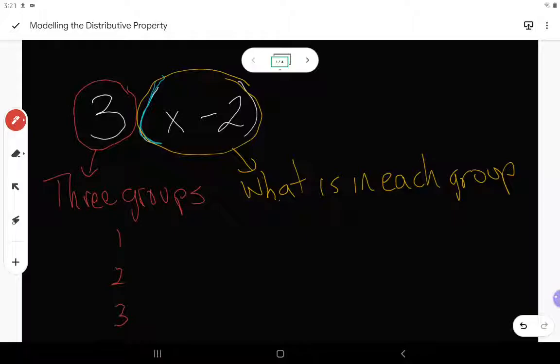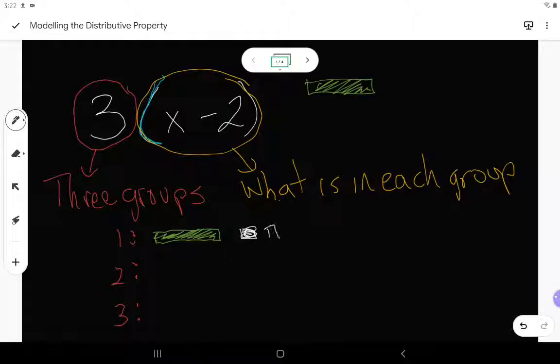And what I'm going to do is inside each group, I'm going to put an X and 2 -1 tiles. I'm going to use those same tiles that we've been using. So X is represented by these green rectangles. So if I need a group, my first group needs to have an X in it, and it also needs to have 2 -1s in it.